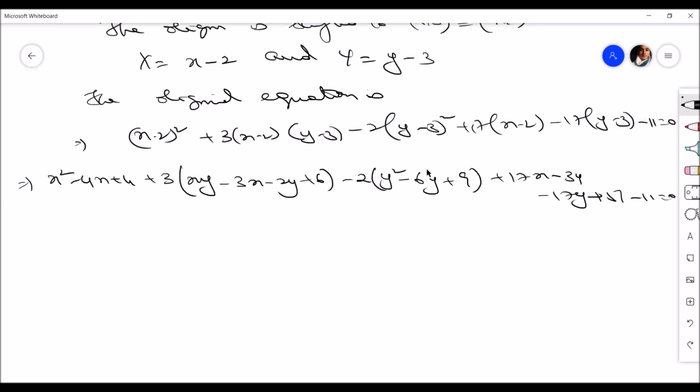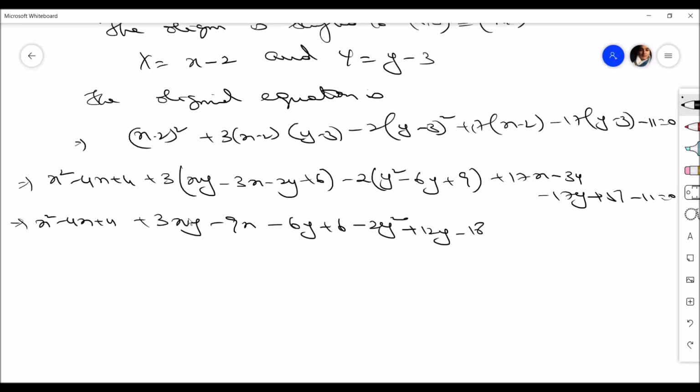Any doubts still here? Anyone? Just simple algebra. That will give you x square minus 4x plus 4 as it is, plus 3xy minus 9x minus 6y plus 6. Correct me if I'm going wrong. Minus 2y square plus 12y minus 18, plus 17x minus 34 minus 17y plus 51 minus 11 is equal to 0.